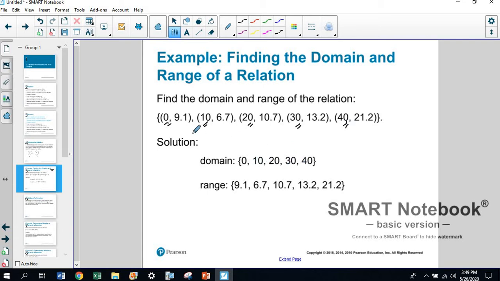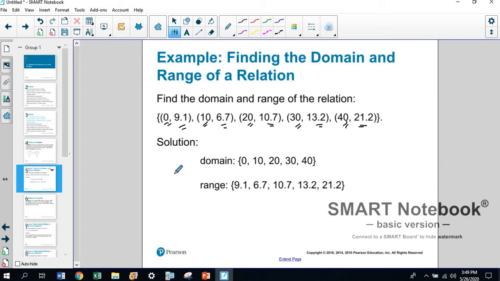That's the domain, all those numbers, and then the second numbers are all the range values, and you'll see that in this case they're all different. But they don't have to be. For relations, they do not have to be different. 0 could be tied to more than one number. 10 could be tied to more than one number. It's fine. It's no big deal.